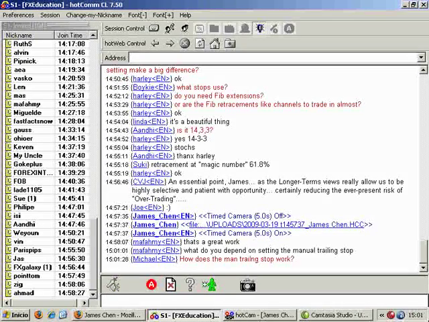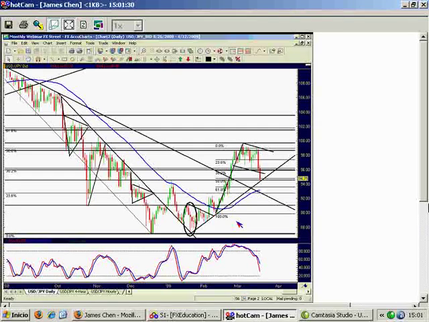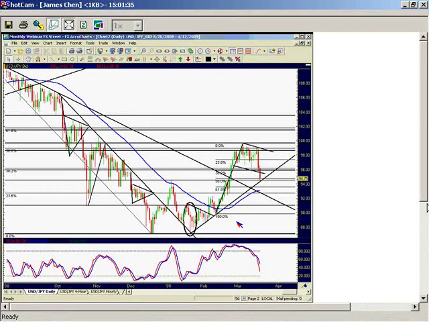Basically, what I do is, let's say I'm playing a breakout to the upside in an uptrend. Okay, so every time there's any type of consolidation or any type of retracement, I'm going to be, preferably in a long-term trade, moving my stop to right underneath that retracement or that consolidation.